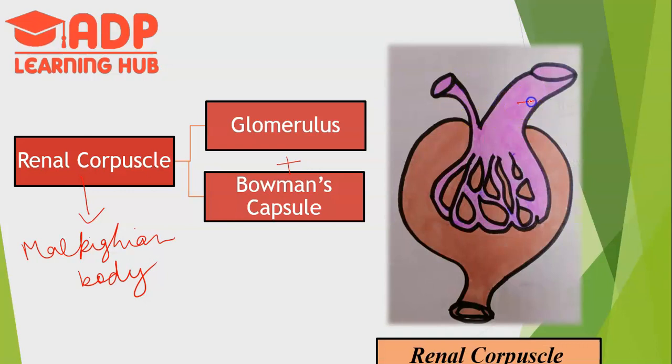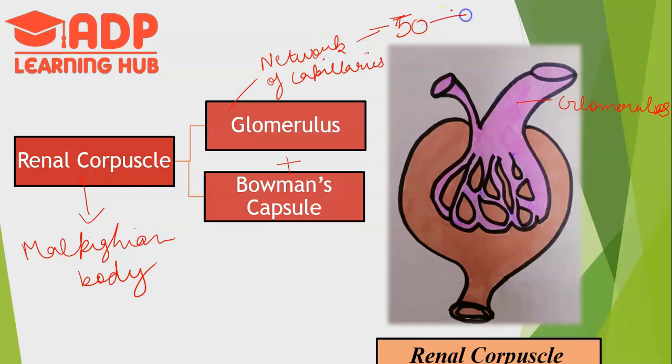Here the purple portion represents the glomerulus, and this glomerulus is a network of capillaries which comprises approximately 50 capillaries, and it arises from the afferent arteriole and empties into the efferent arteriole.